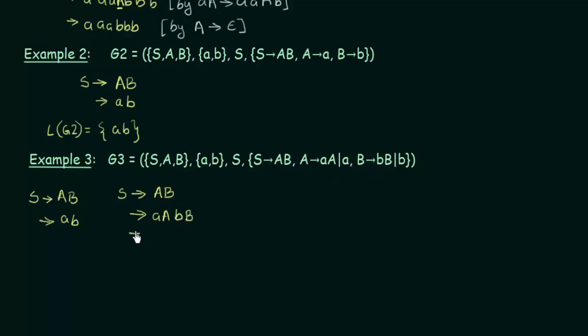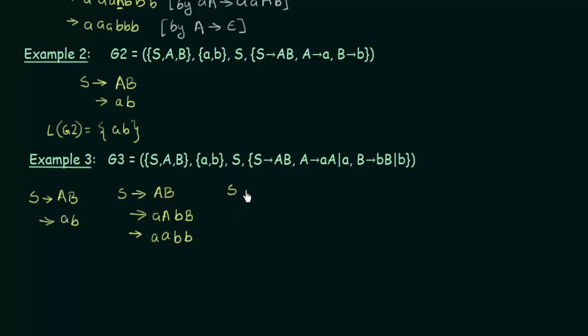And I will expand this further: in this step I will take the value of A as small a, and the value of B as small b. So this A comes down as it is, and instead of this A I will take small a. This B comes down as it is, and instead of this capital B I'll write small b. So this is another string that can be generated from this grammar G3.